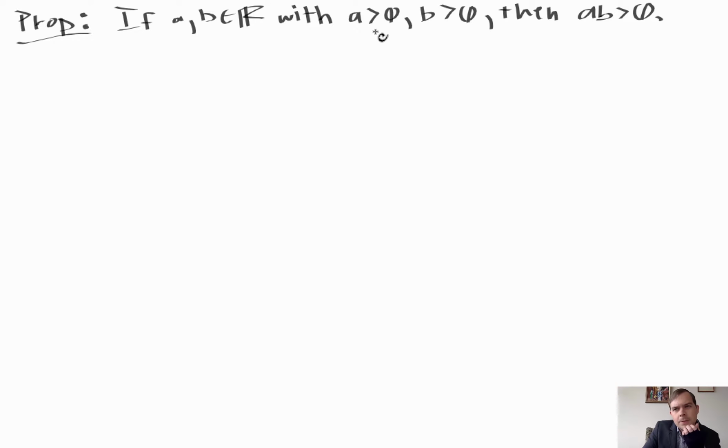Well, we knew this from the multiplicative property of the ordering system, but we actually wanted greater than or equal to.